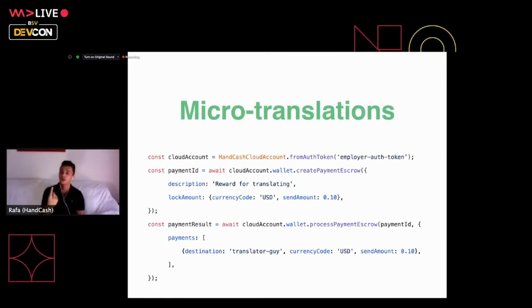When we want to request the translation, we need to lock the amount. There's going to be the reward. And once the job is done, is when we can process the payment escrow. And we can send the money to the translator. It could be something like that.